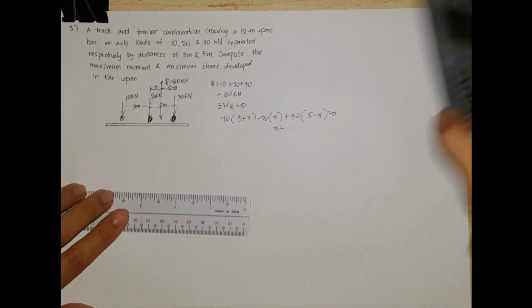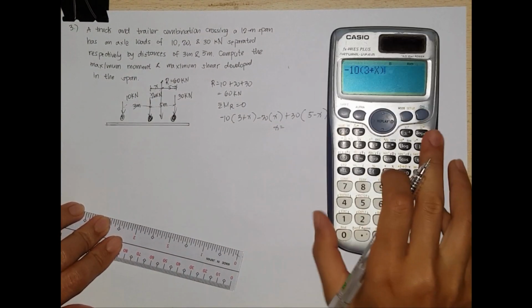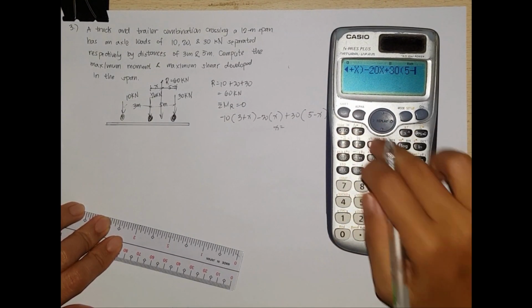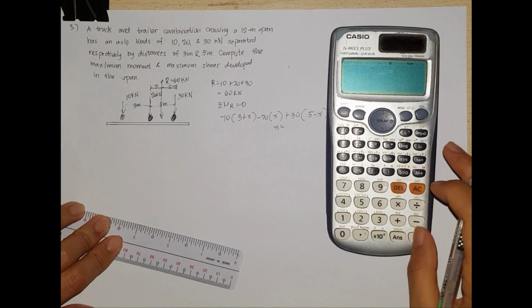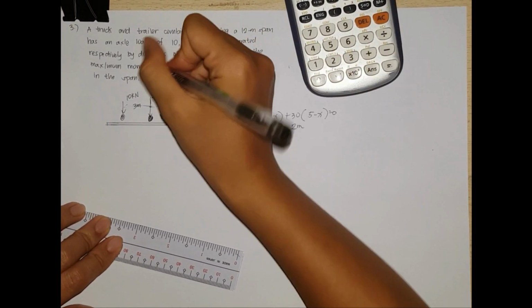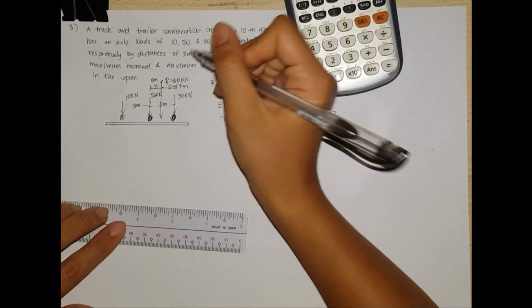Therefore, yung distance x is equal to 2 meters. So, this is 2 meters, and this is 3 meters.